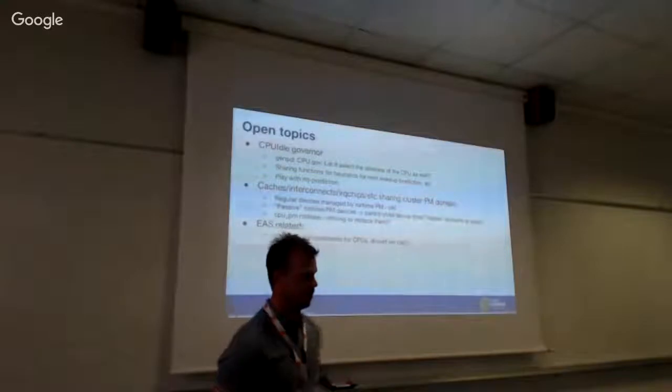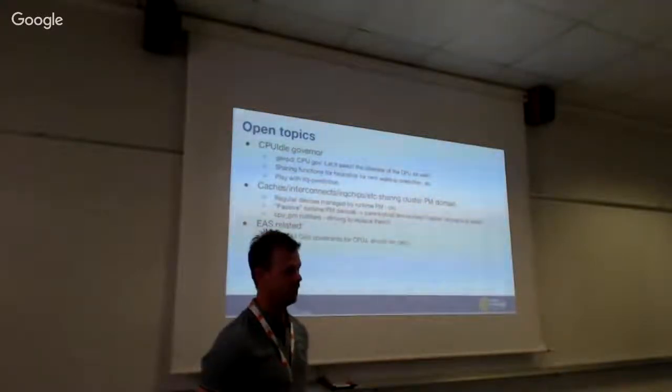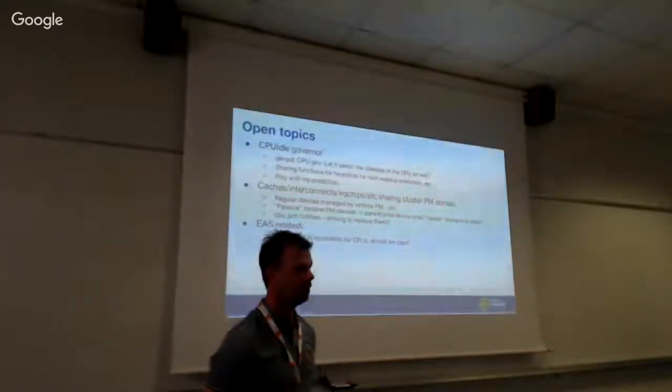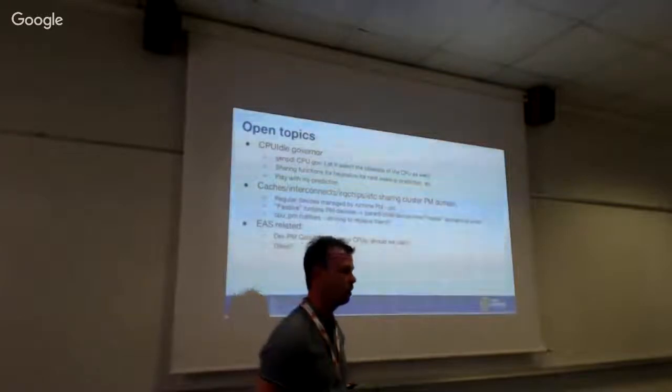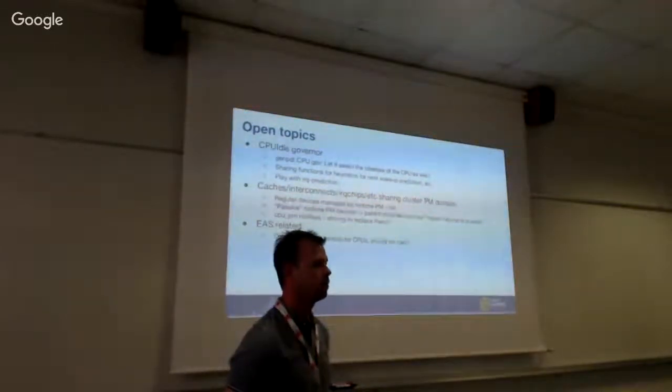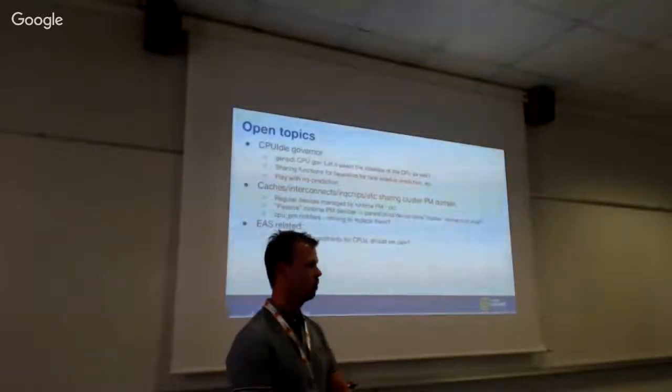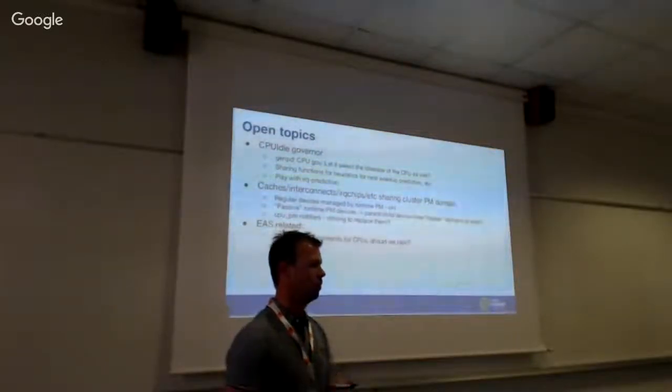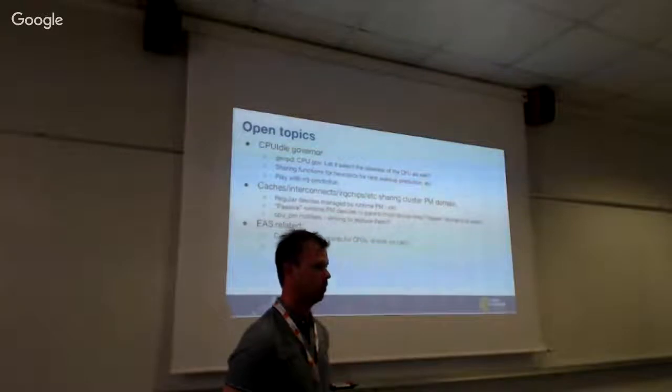So the sort of scenario is a dual tier system, where you could have a C-state for the core, and then a C-state for the package, for the overall system.